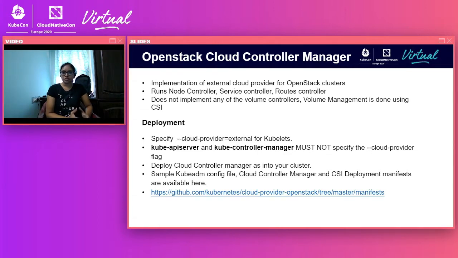The other changes include the Kube API server and Kube controller manager, where there shouldn't be any cloud provider flag, to tell them not to run any cloud-specific loops. Then you have to deploy the CCM binary in your cluster. For that, we have provided a set of manifests in the repo, so it can be deployed as a daemon set in your cluster. Once CCM is up and running, nodes are marked as initialized and ready to be schedulable.